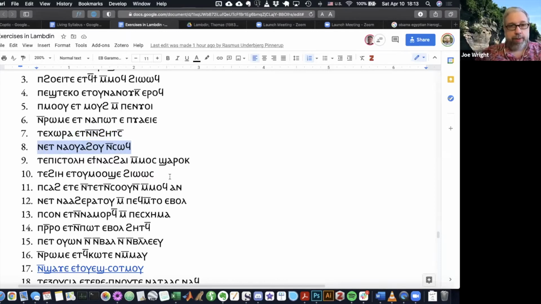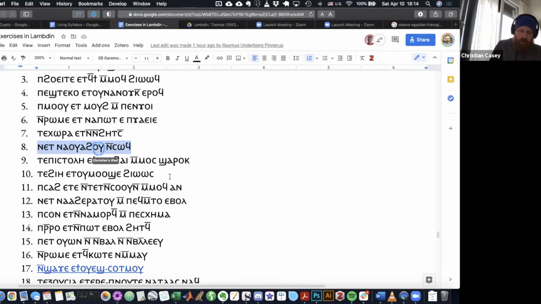And number 8, net nawahu nsof. That would be those who, that was the easy part. Those who will dwell or settle, nsof would be behind it. It is dwell or settle, but it's actually the transitive form of that verb. Those who will wahoo.